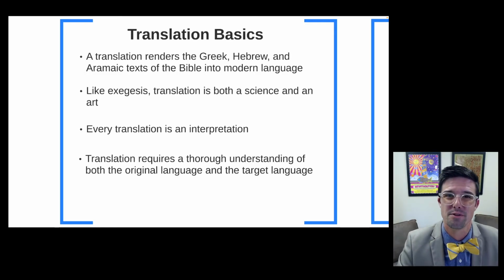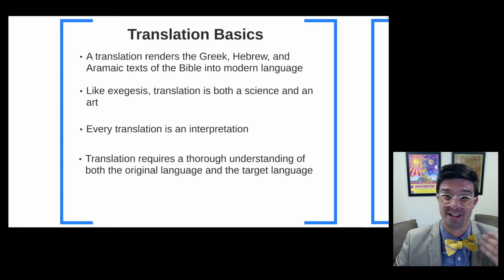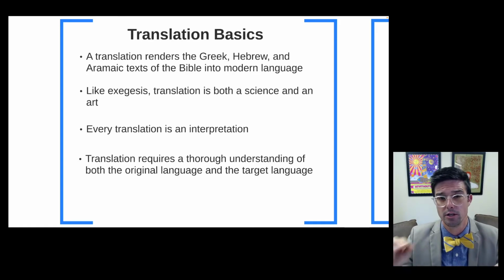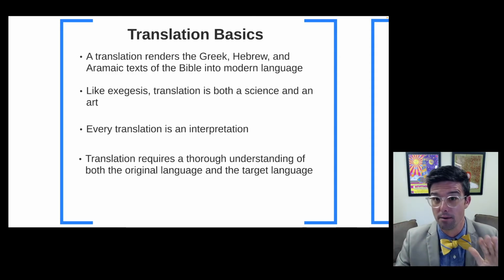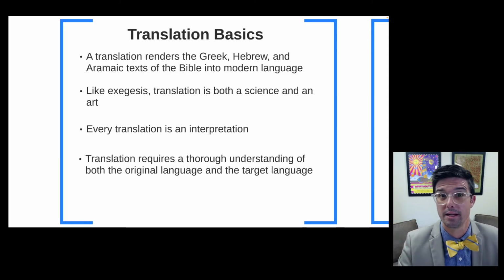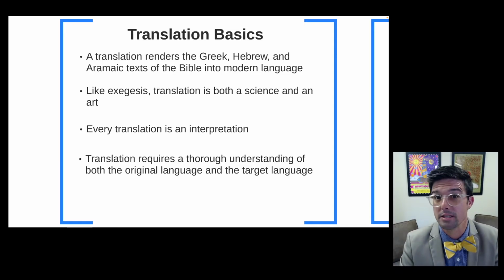So if you ever take Greek with me, you will hear me repeat over and over and over again: you will learn English grammar better by learning your Greek grammar and by taking this Greek class, because translation requires an understanding of both of those. And interpretation is happening on both ends. We are interpreting, when we translate, how to best put something into English in a way that is meaningful for our audience or for our ecclesial communities.